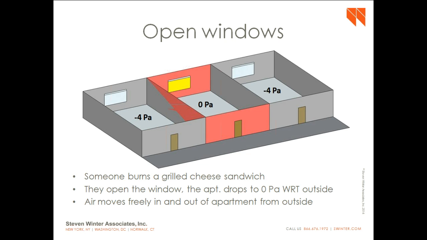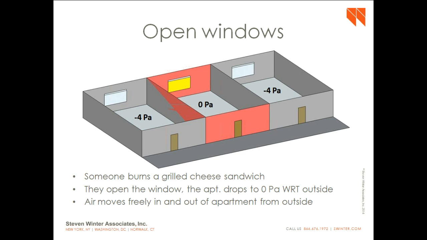But what we found when we logged pressure in apartments over time and monitored window opening was when people open windows, the pressure in the middle apartment, for example, drops to close to 0, and you get free exchange of air in and out of the apartment. You also, when someone opens a window in that apartment, that affects the pressure in the neighbors, and so the depressurization in those neighbors decreases.